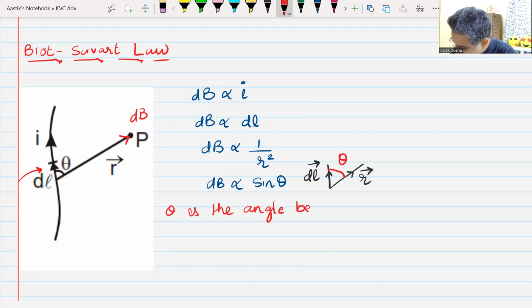Theta is the angle between dl vector, or the current carrying element vector, and r vector. R vector is drawn from the element to the point.